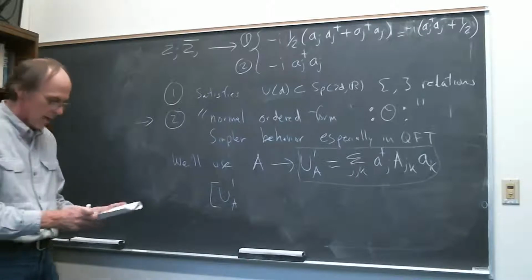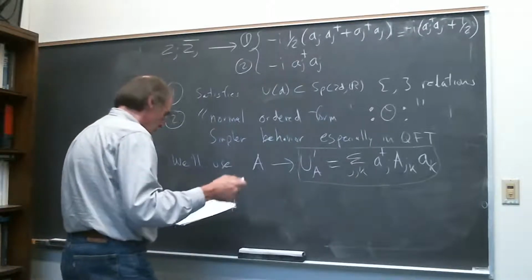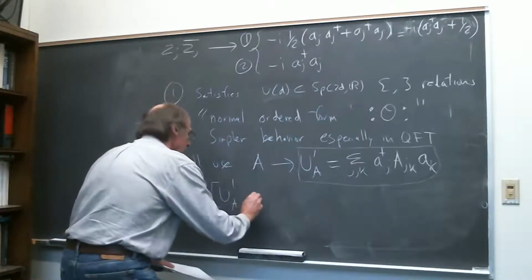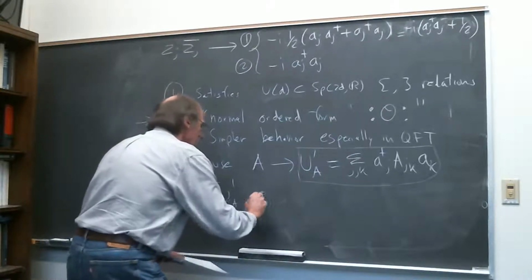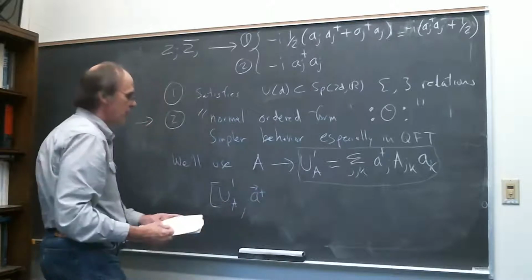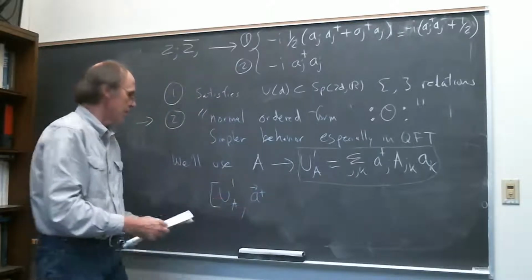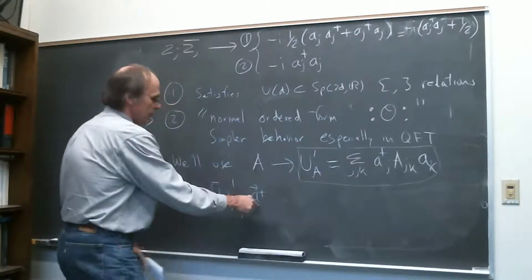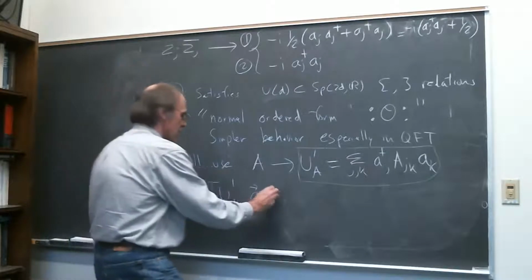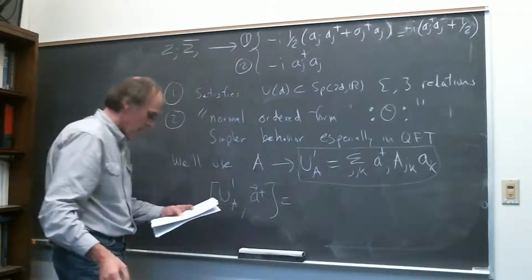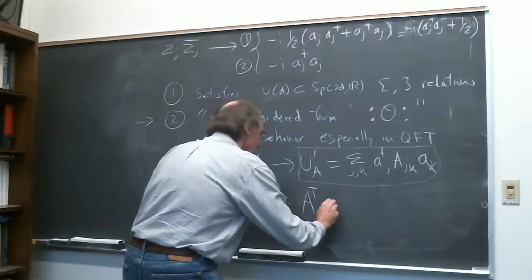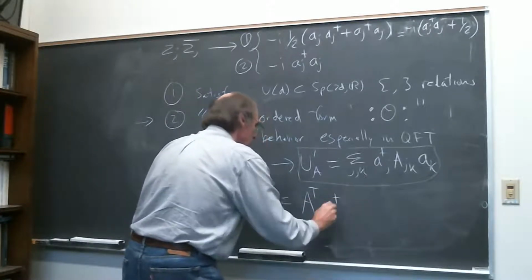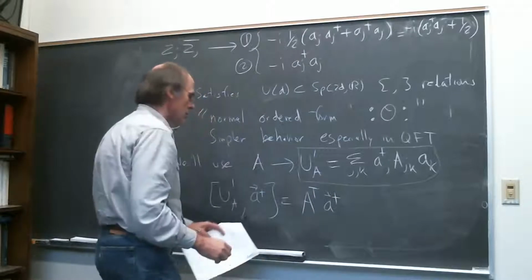Where was I doing this? UA, and then a dagger. Let me call the vector, a column vector of the AJs, given by A transpose. So and here.